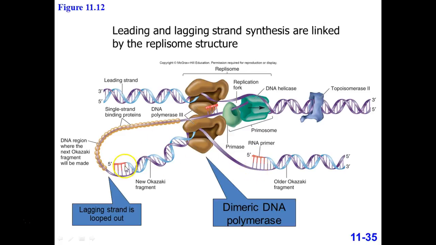So see here, it went from this primer, it's copying, and it's going to stop at this one. So then guess what happens? This has been spooling out while this has been copying. And then it's going to jump to this next primer, and then it's going to copy from this primer back to this primer. Does that make sense to you guys?